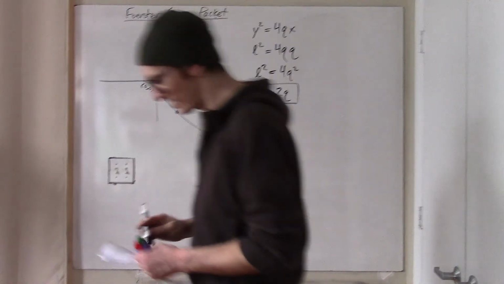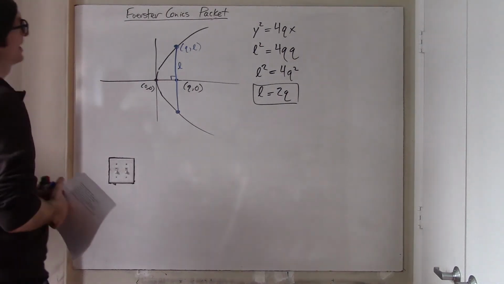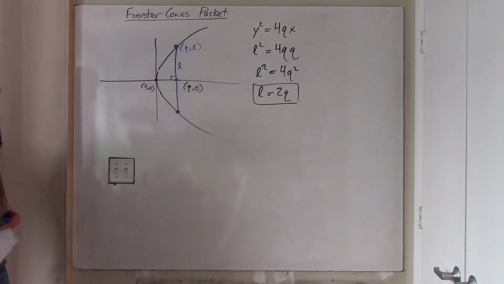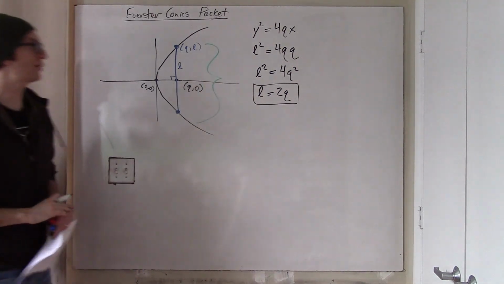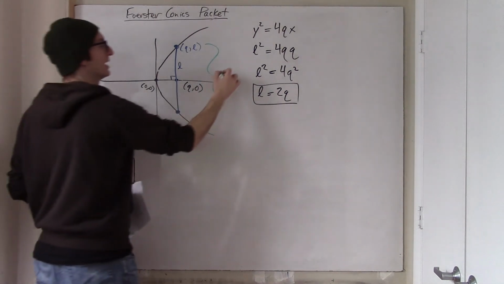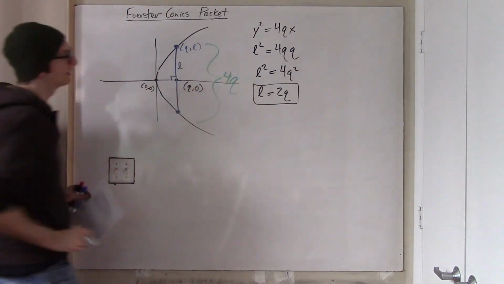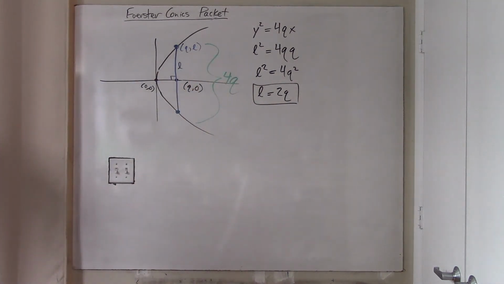There we go. So what have I just learned? I've just learned something which will look very accurate if you graph it on an accurately drawn parabola, but you know, fact of parabolas, the total length of the latus rectum is 4Q, 4 times the distance from the vertex to a focus. Okay, let's finish this off.